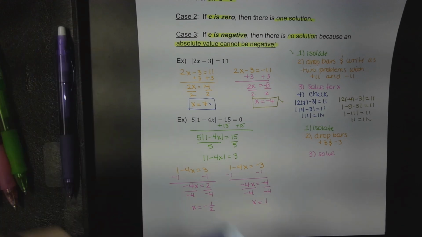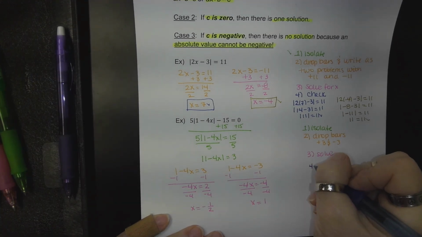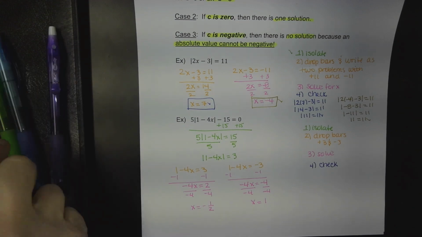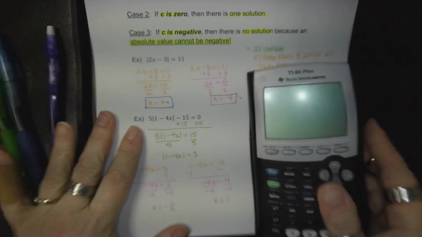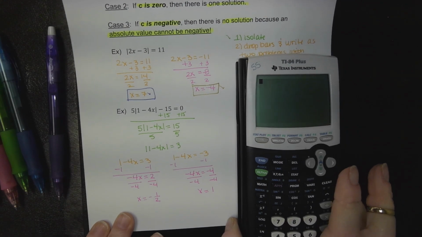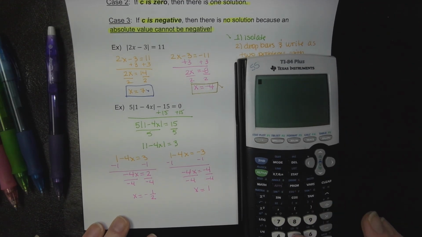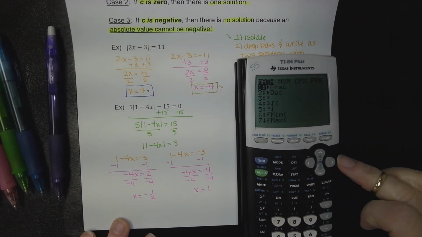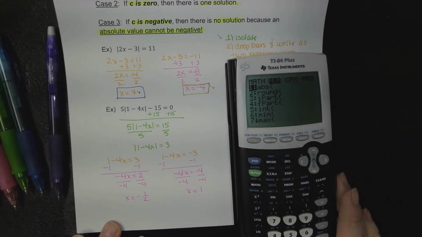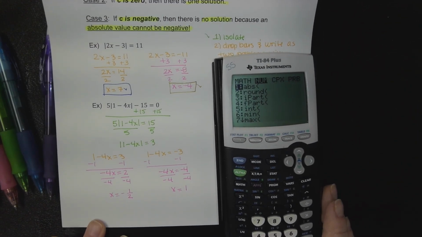We can check these again. You can check them in your calculator. I'll show you how to do that. So let's see, 5. Then you go to math, right, go over to number.